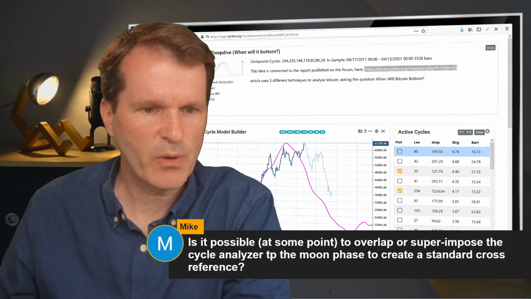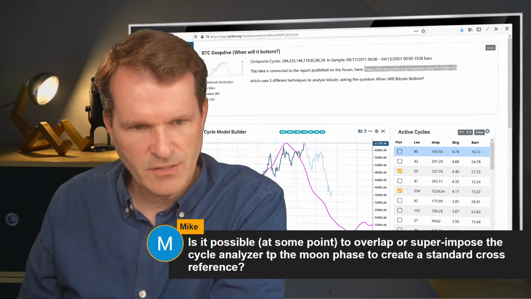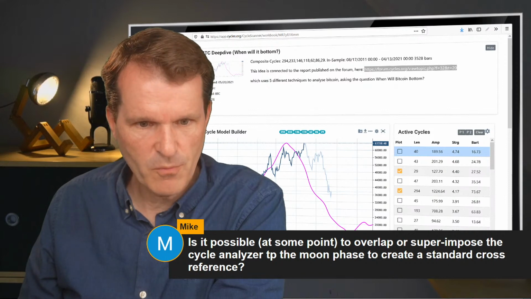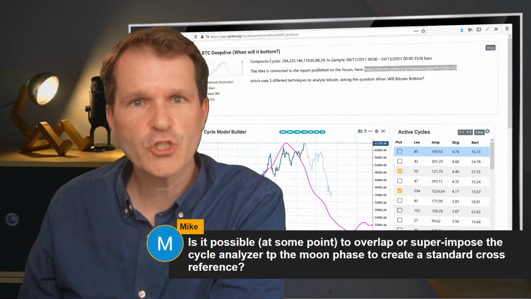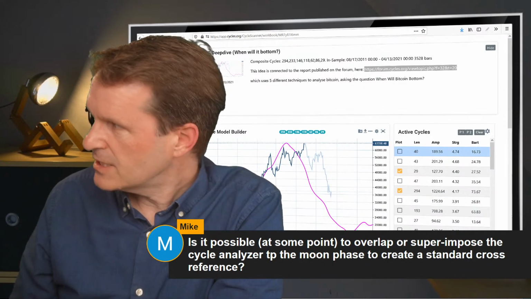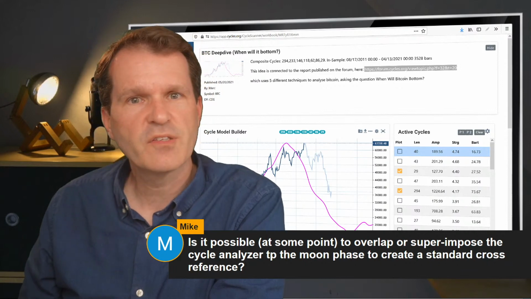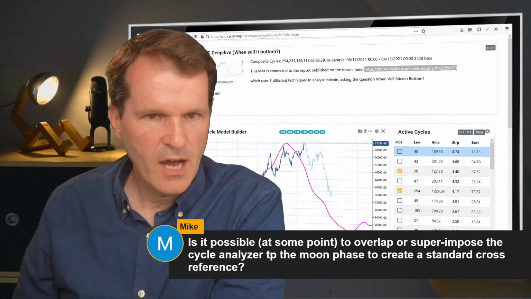Mike asks, is it possible at some point to overlap or superimpose the cycle analyzer on top of the moon phase to create standard cross-reference? Yeah, sure. Planetary cycles or planetary movements is an important aspect in cycle analysis.